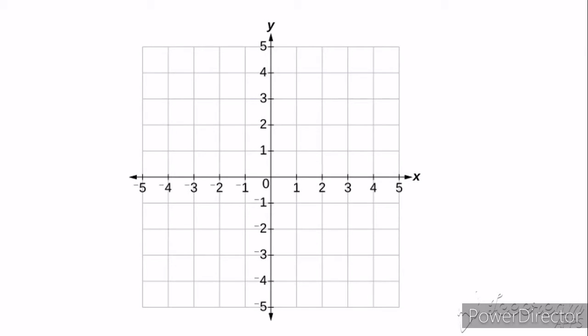Looking back to our graph, we now determine that our center of the circle is at coordinates 3 over 2 and 3. The only problem now is what is our radius.